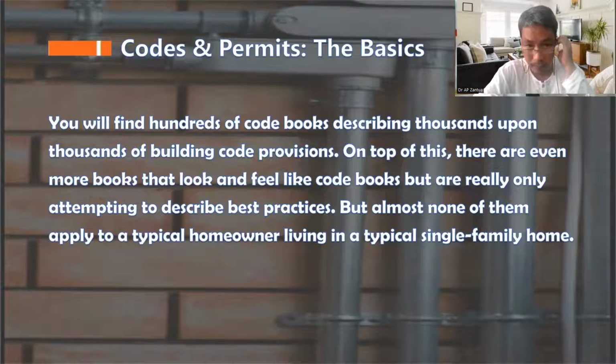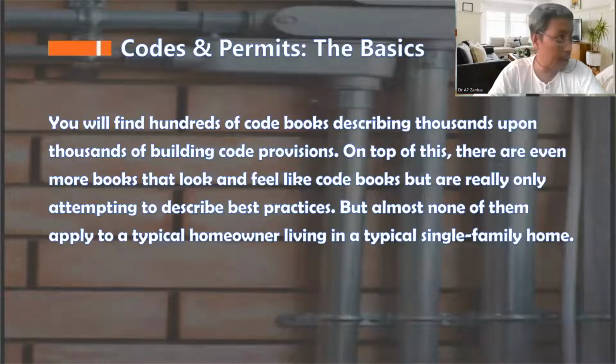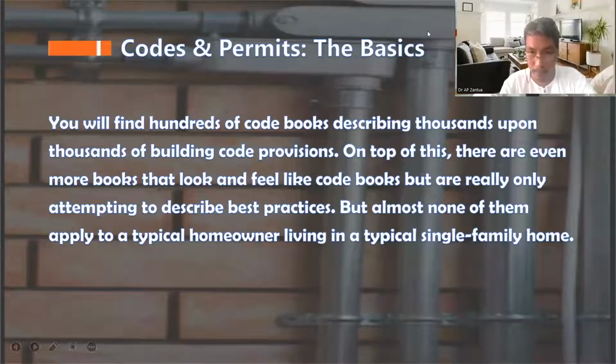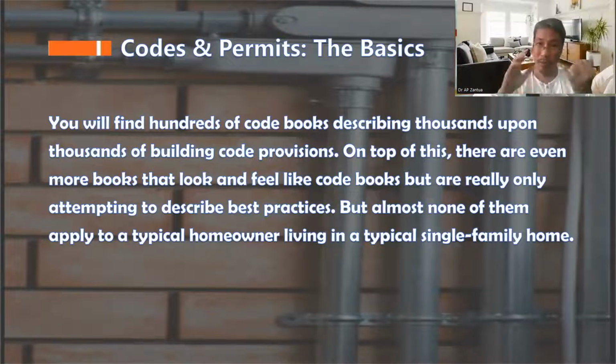So, we have codes, law, and standards. And what we have here, we will just take the code for residential type of occupancy, because we cannot give you all those for institutional, industrial, commercial.